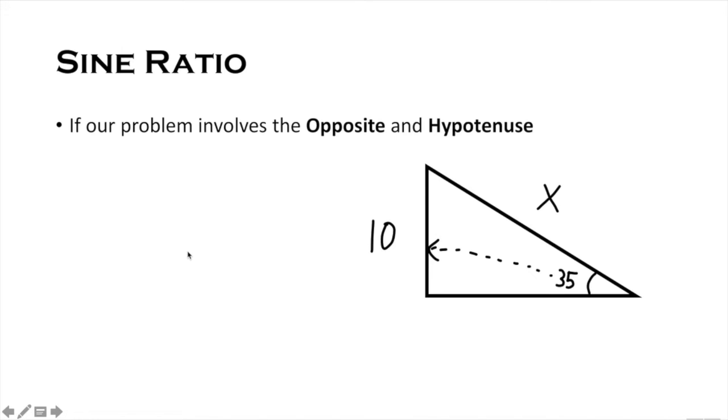And by now we know that the way we set this up is we always have the sine of whatever angle we're working with over on this side, and we have the opposite divided by the hypotenuse on the other side. So in this case, since we have opposite on top and hypotenuse on the bottom, we have 10 divided by x.